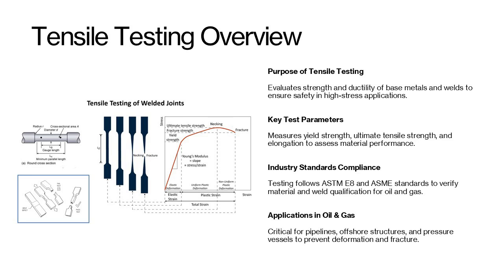For critical components such as pipeline steel, offshore structure members, and pressure vessel plates, tensile tests serve as a primary acceptance gate. Inspectors should be able to interpret tensile reports, check compliance with specified testing standards, and confirm that specimen orientation, gauge length, and testing rates conform to ASTM E8 or equivalent methods.